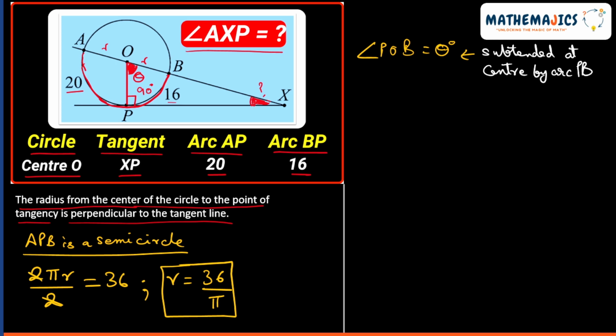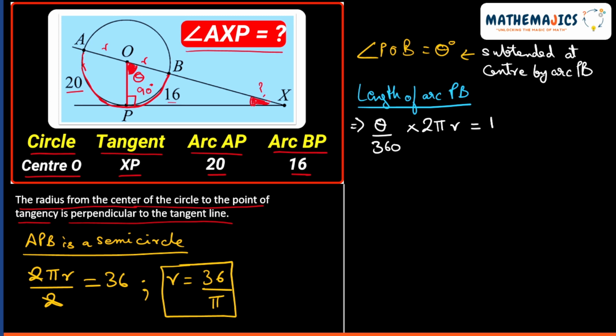So we can use the formula for the length of arc PB to find this angle theta. The formula says angle subtended at center upon 360 degrees times 2 pi r, where r is the radius of the circle, is equal to the length of arc PB, which is 16.